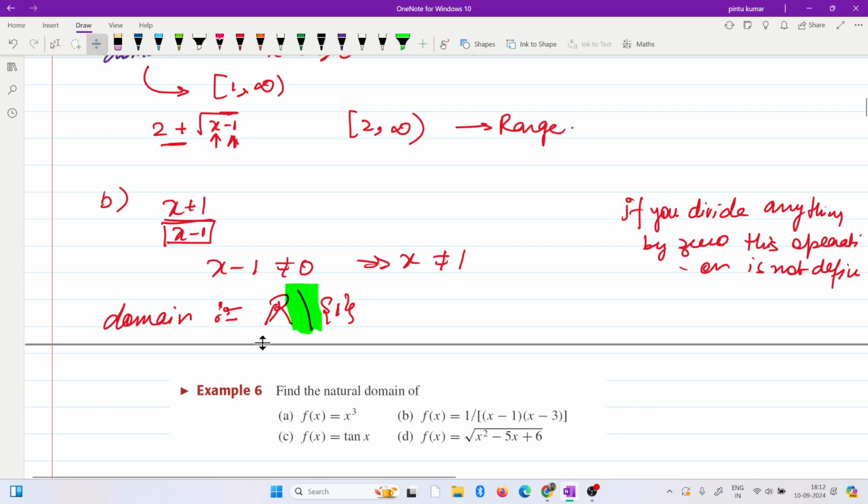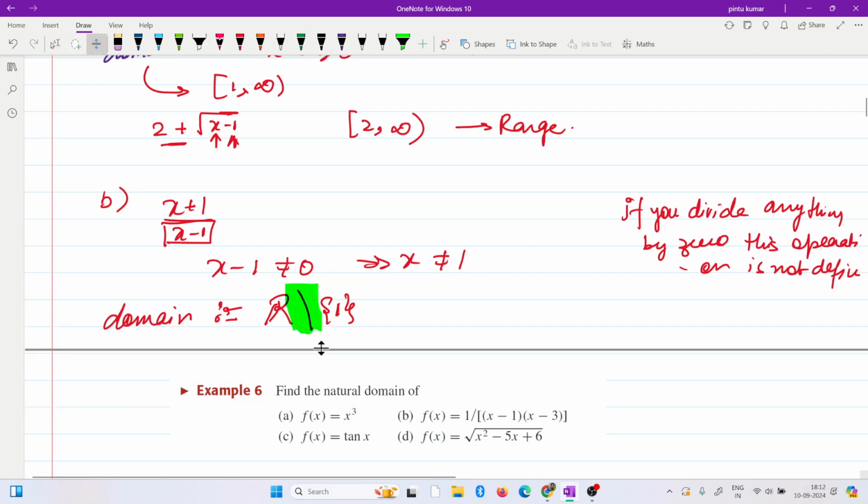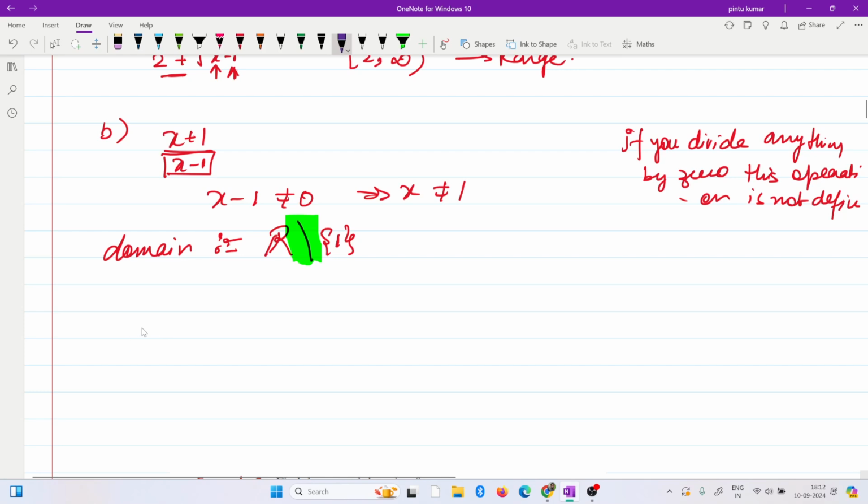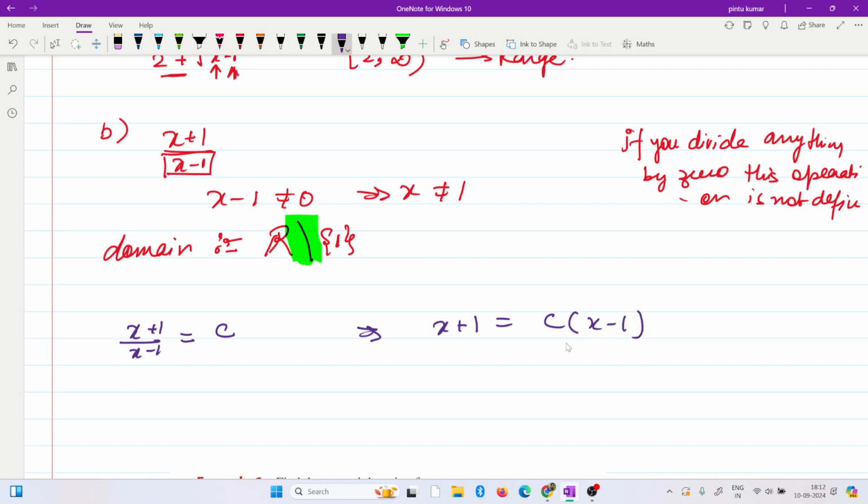So in order to calculate the range of this function, we will look at all sorts of values that this function can take. So let's say my (x plus 1) divided by (x minus 1) takes value c. Okay. So what are the possible values for c? Let's try to solve it. This implies x plus 1 is c times (x minus 1).